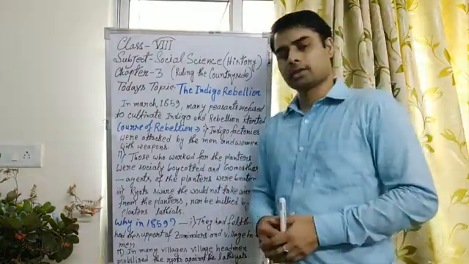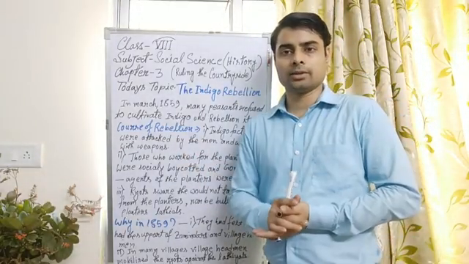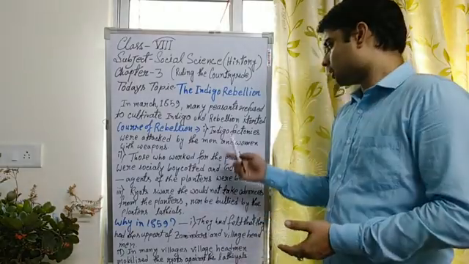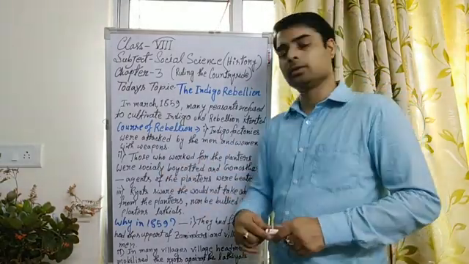Now, what were the causes of the rebellion, and how did it progress? Number one, indigo factories were attacked by men and women with weapons.